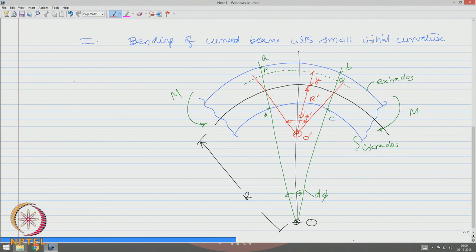So, I have a typical cross section which has got n axis, and I have selected a point, and that point distance y corresponds to any point on this, let us say this one.